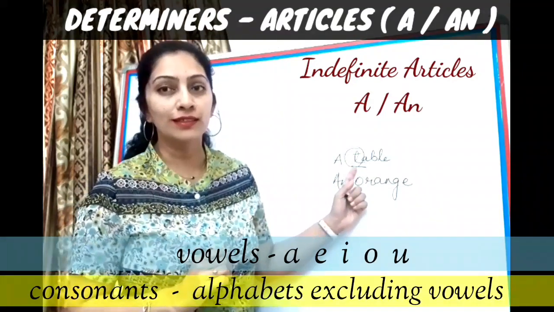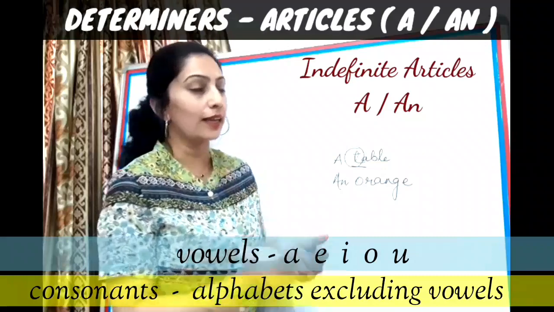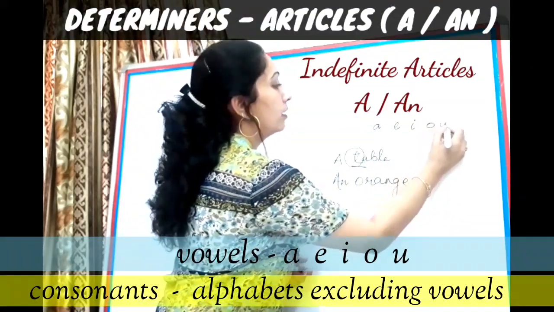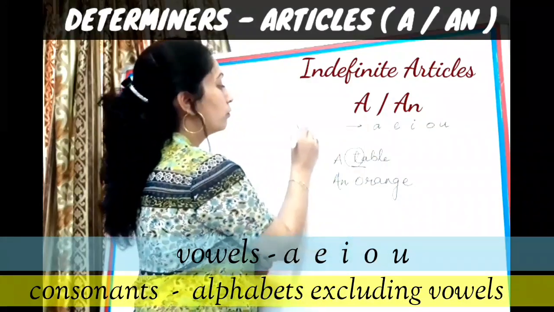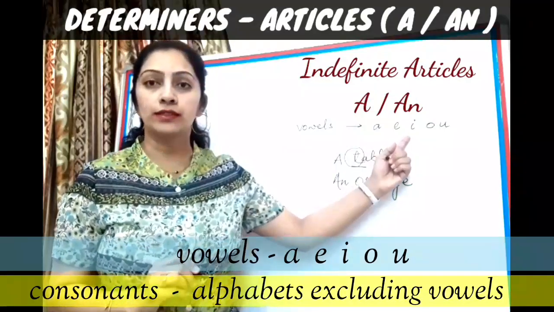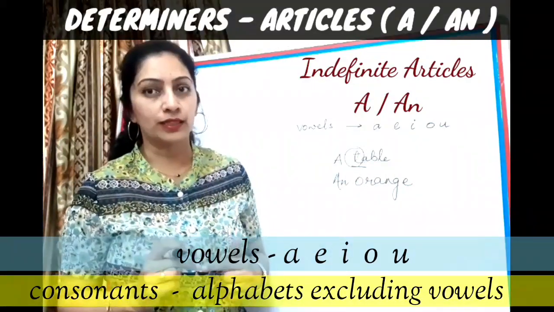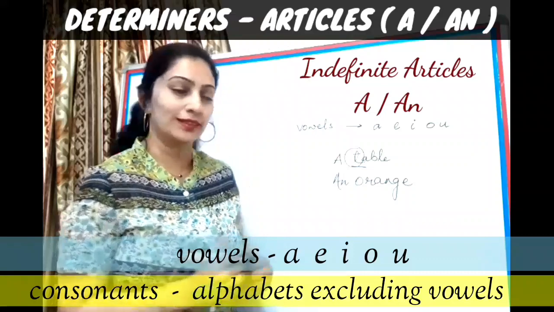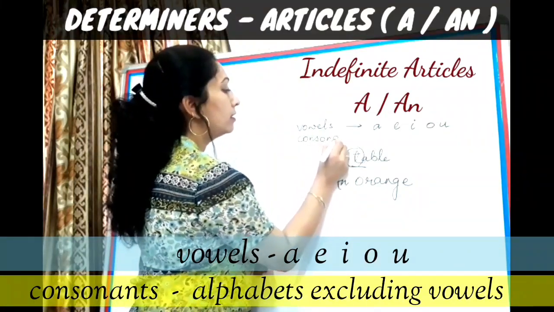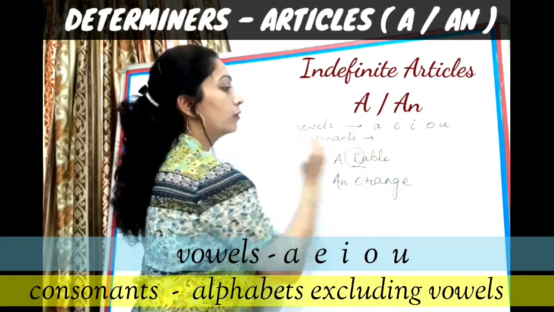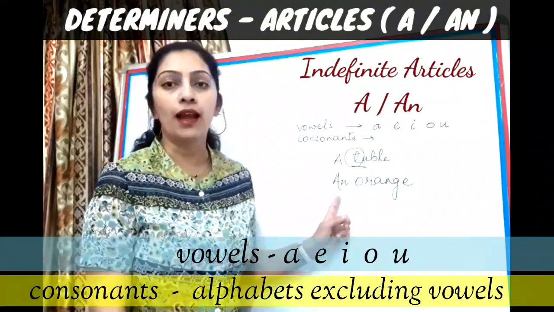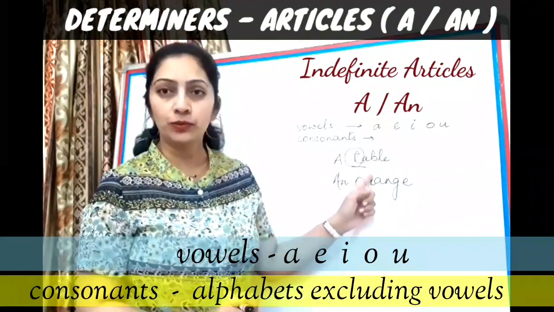What is a consonant? The alphabets other than A, E, I, O and U. These are vowels, and the remaining alphabets are called consonants. So you have a concept of consonants and vowels, right? Now, whenever you are using a or an, check the next word.